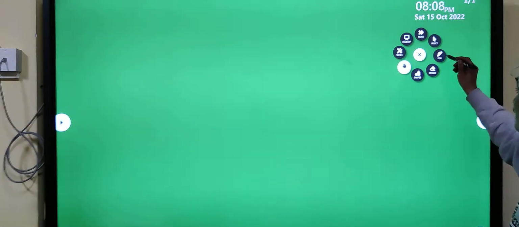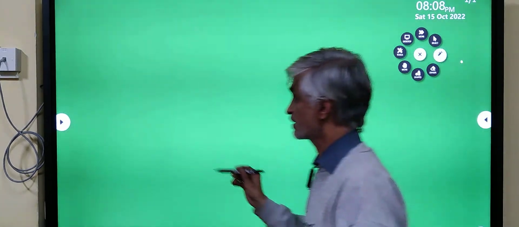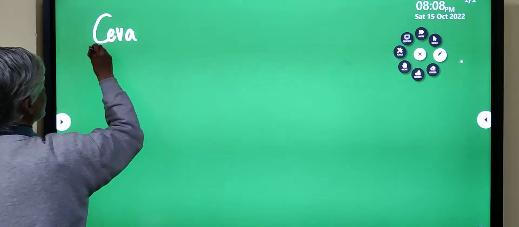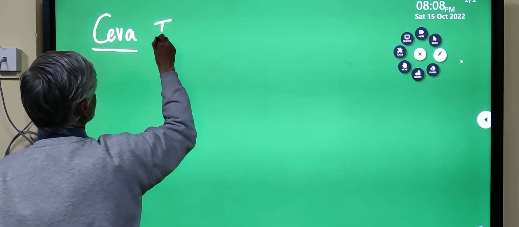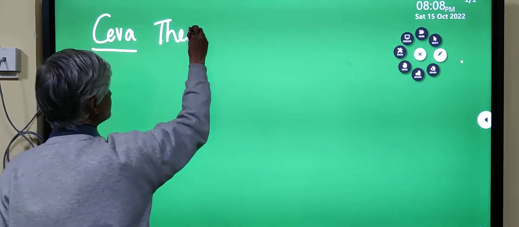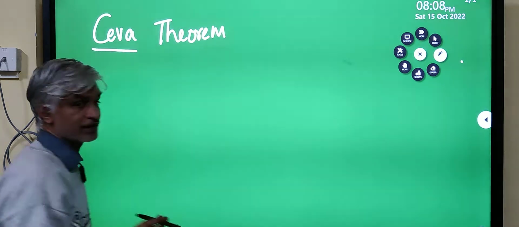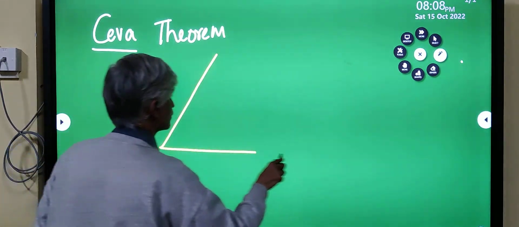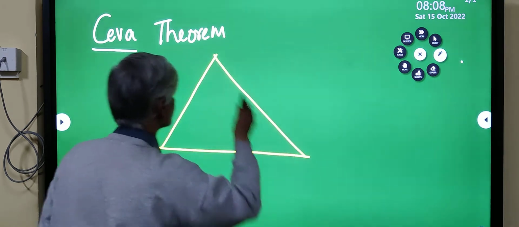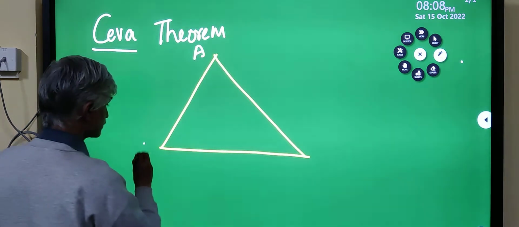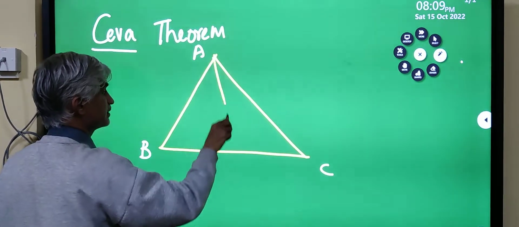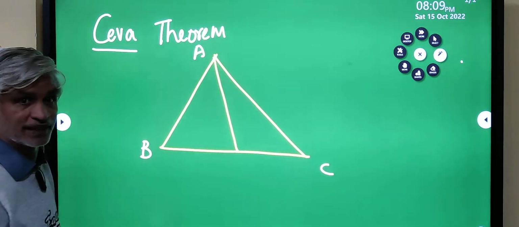First of all, I shall prove Ceva's theorem, which is one of the really nice basic theorems, and it's a theorem which I shall now quickly state to decide on the concurrency of the so-called cevians. So suppose I have a triangle and suppose I have a line that joins A to the base BC.